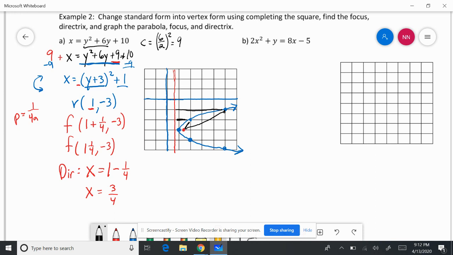Now, let's look at our last example. This time we're going to get the y by itself. So I'm going to subtract the 2x squared. I'm going to factor out a -2.